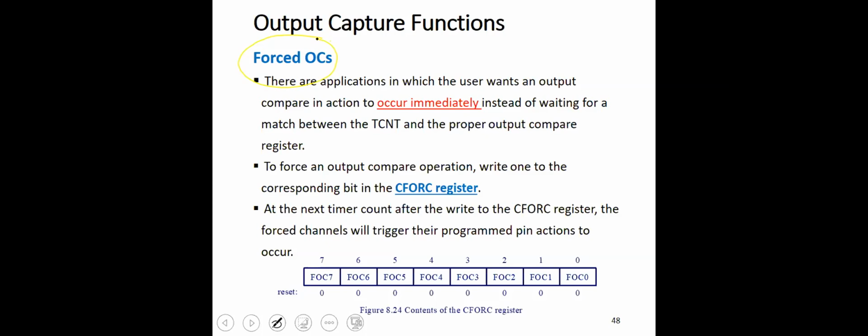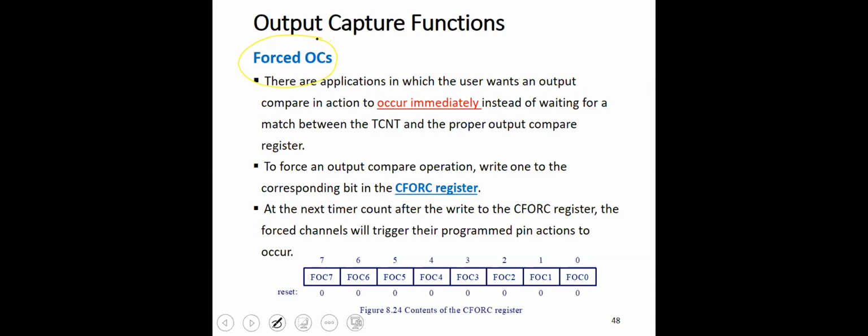However, while the program is running, your program discovered that it has to force the channel to perform the required operation now. It doesn't have to wait until there is a match between the capture register and the timer register.